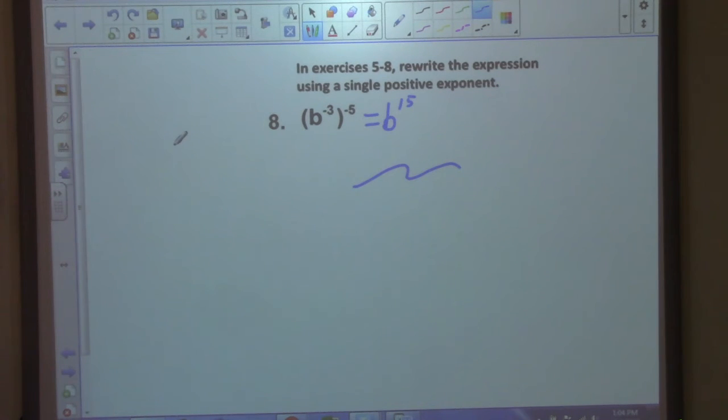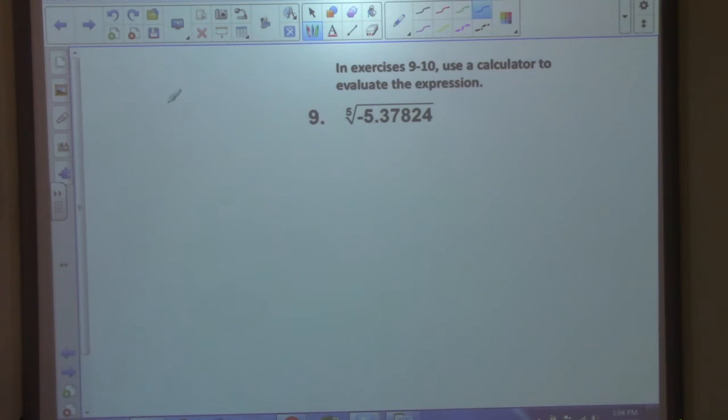Okay, good. Now, these last two are calculator exercises. So for 1 through 8, they're saying don't use your calculator, and now you're saying use your calculator. Basically, it's understanding the keys for this.